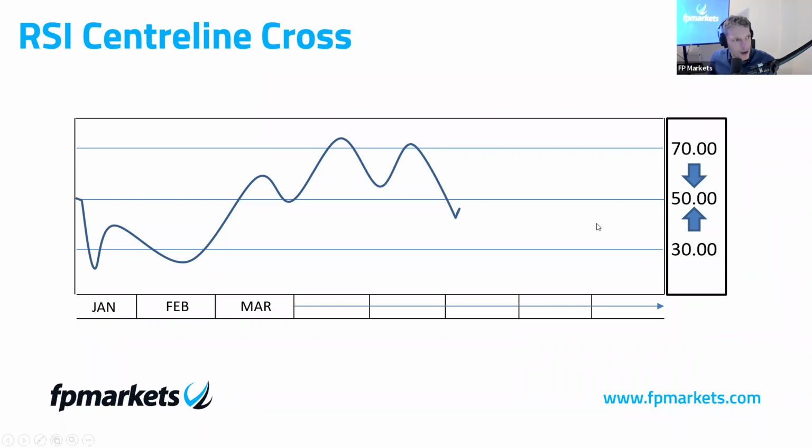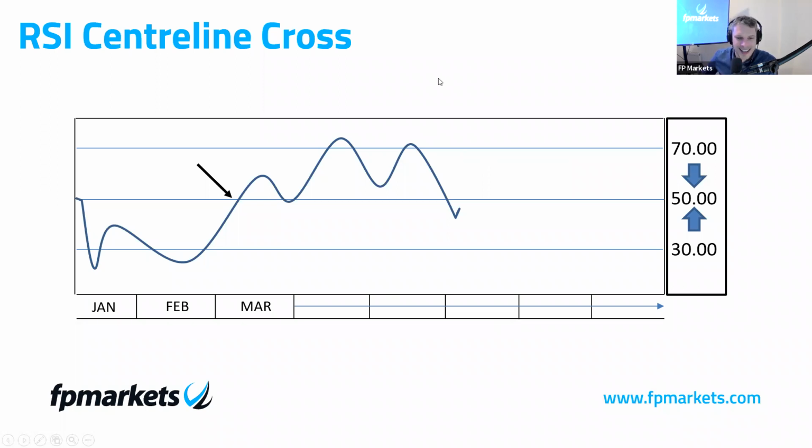Again, excuse my artistic interpretation here, but here goes. So a rising centerline crossover means the RSI value is now above the 50 center line in the direction of the 70 threshold. Now, I shouldn't have had that arrow on there.